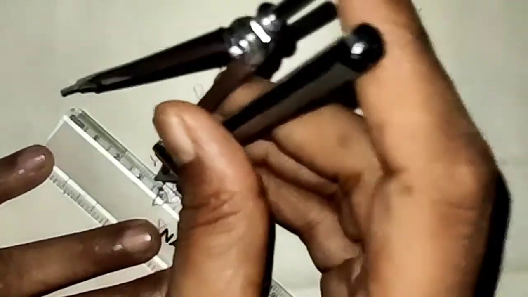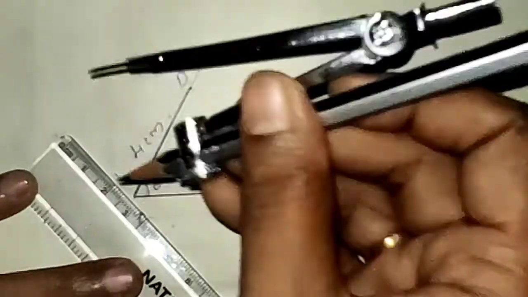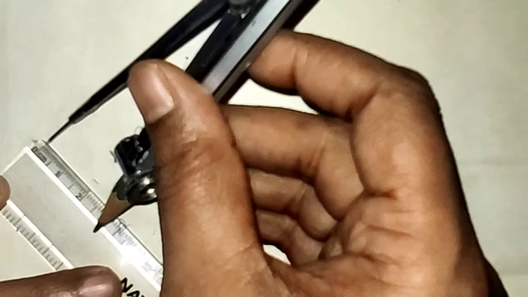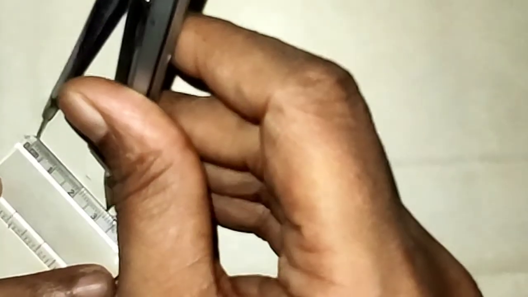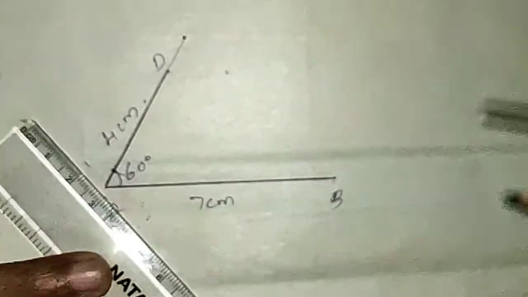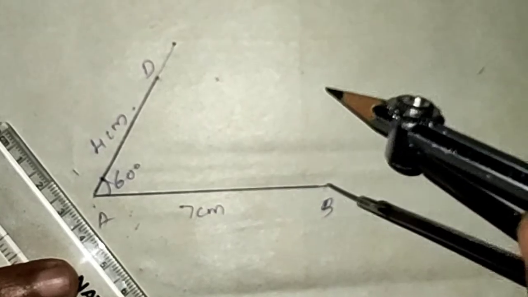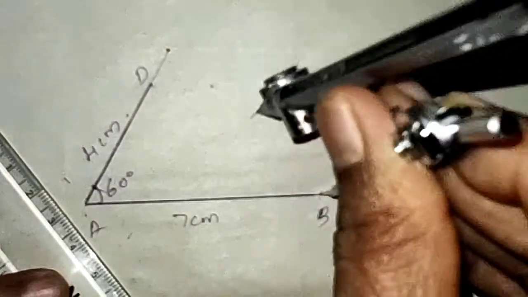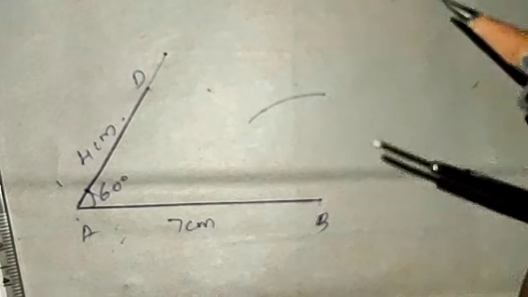Use your compass for that. Next we are going to draw BC. For that take 3 cm on your compass. Keeping this point as center, draw an arc here. Then next is CD.